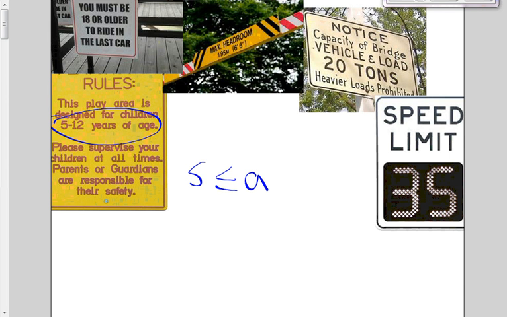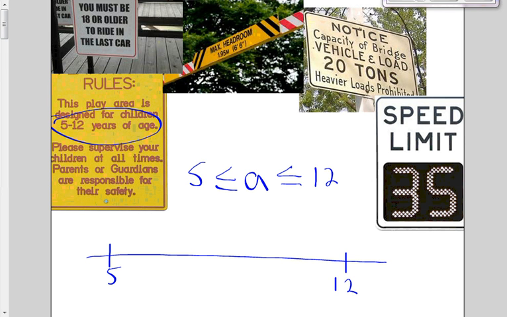They also must be less than 12 or equal to 12. So in that situation, the graph would look like this. This is 5, and let's say here is 12. So 12 is included. The person may be 12 years old, and they may be all the way to here and including 5.